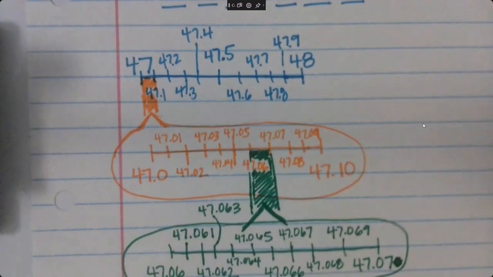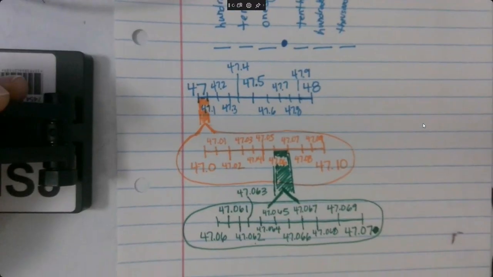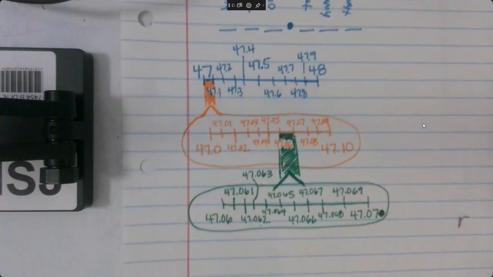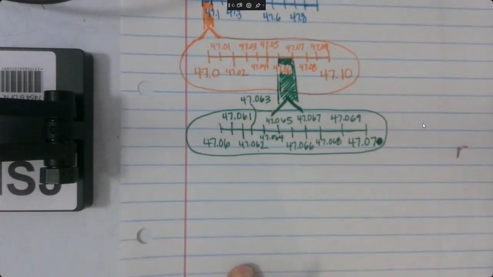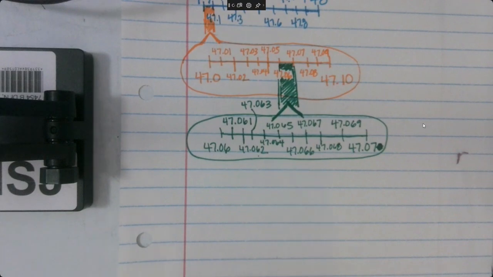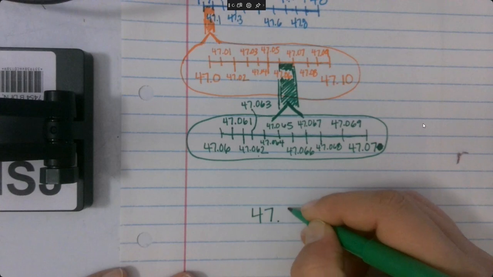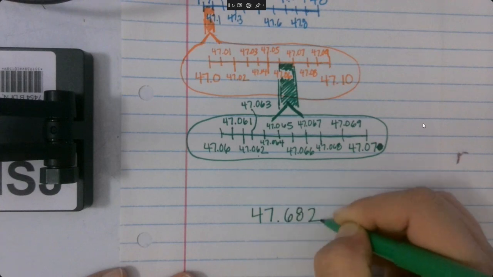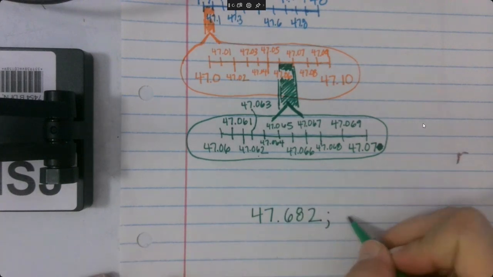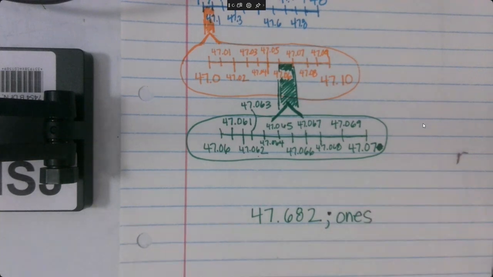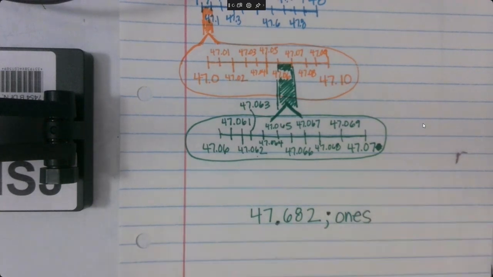So we did this because with today's lesson, we really need to be able to think about rounding decimals. Okay, if I have the following number and I say round to the nearest ones place, which digit is in the ones place?